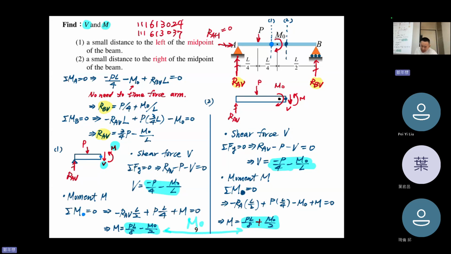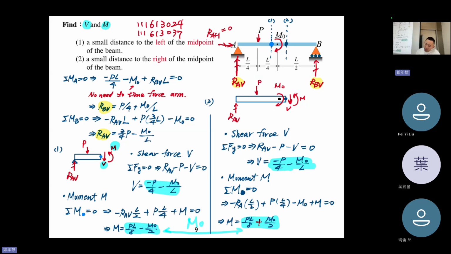And also you can see that if you apply an external M0 that is clockwise, which means that your cross section needs to be balanced, you will have the opposite direction of this clockwise moment.